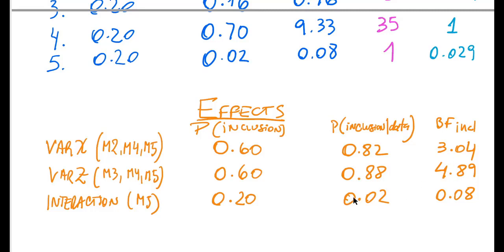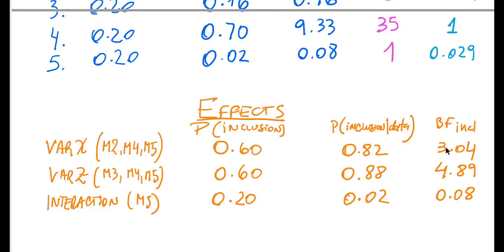And for the Bayes factor for inclusion for variable z, we do 0.6 divided by 0.4, that's 1.5, but 0.88 divided by 0.12, and that value is divided by 1.5, and that's 4.89.